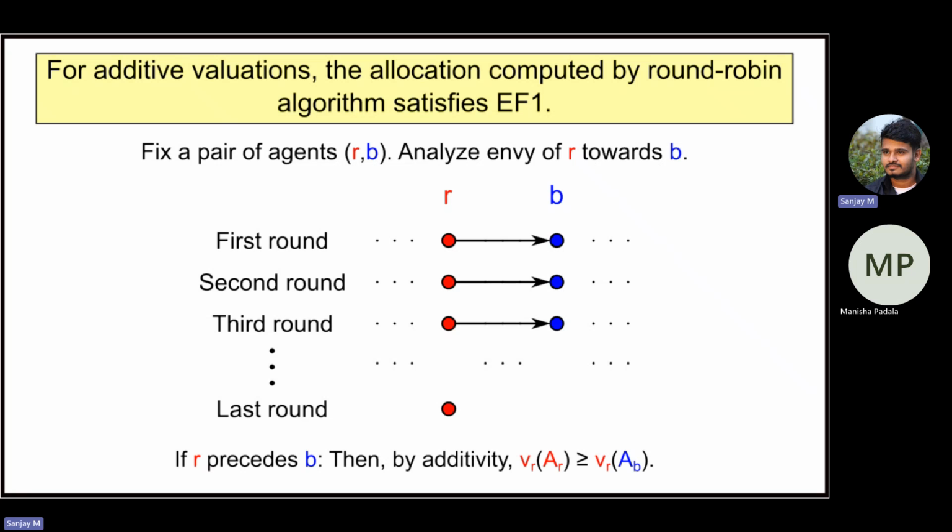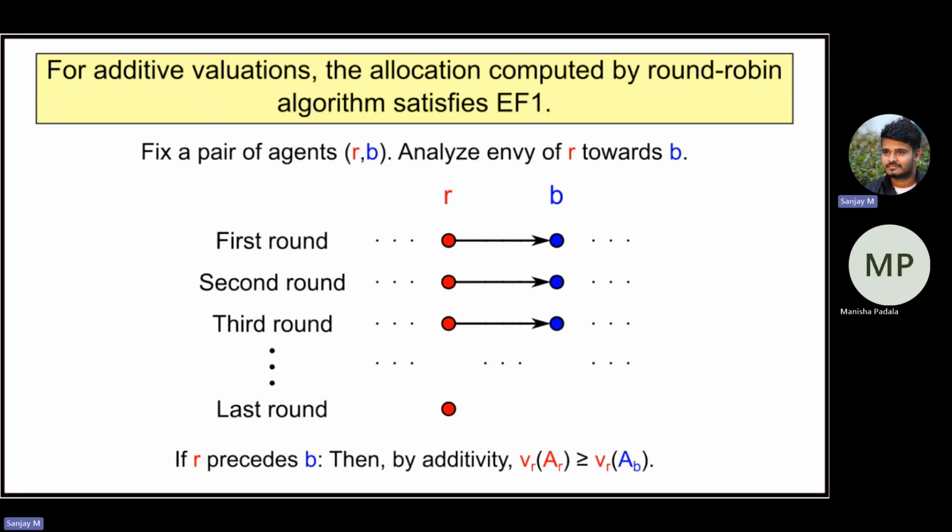Now, the thing to observe here is that in the first round, when it is red's turn to pick something, both items, the one that it picked in the first round and the one that blue picked in the first round, are both on the table. But it chose to pick this item, meaning it at least weakly prefers this item over what blue picked in the first round.